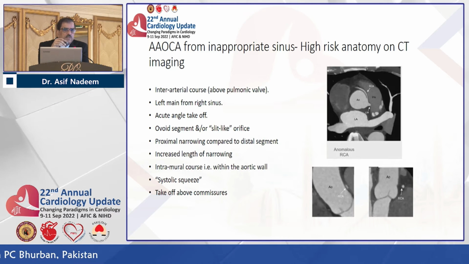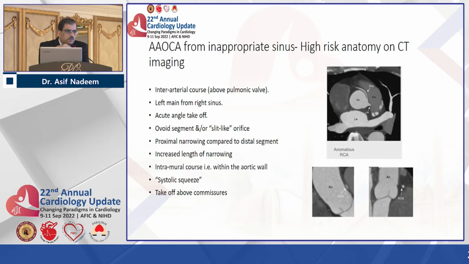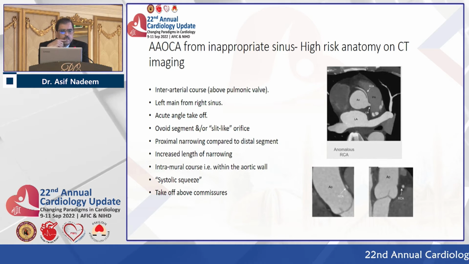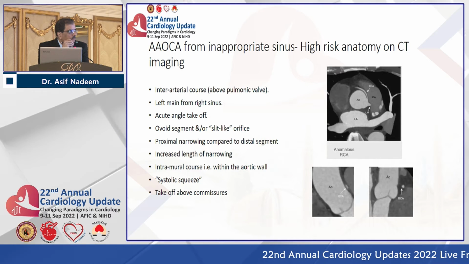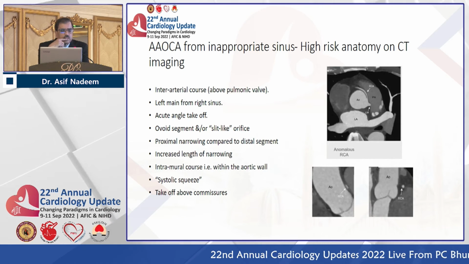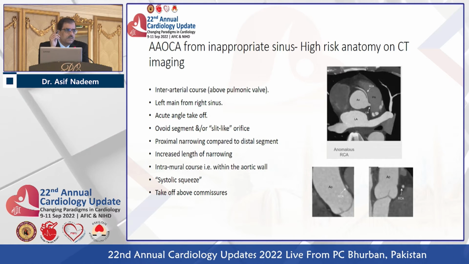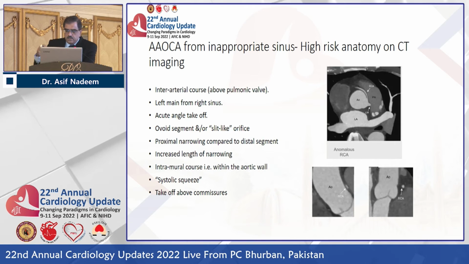Increased length of the artery passing through the great arteries is again more prone to cause sudden cardiac death. And if the artery is passing through the wall of the aorta, it is bad news. If you can see the systolic squeeze, it is bad news. And takeoff above the commissures is not good.